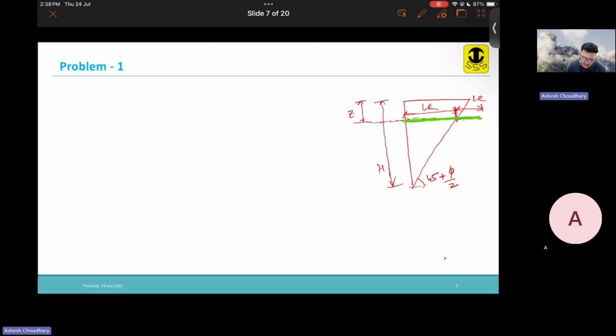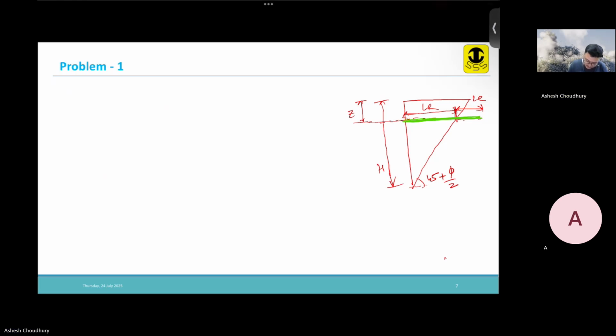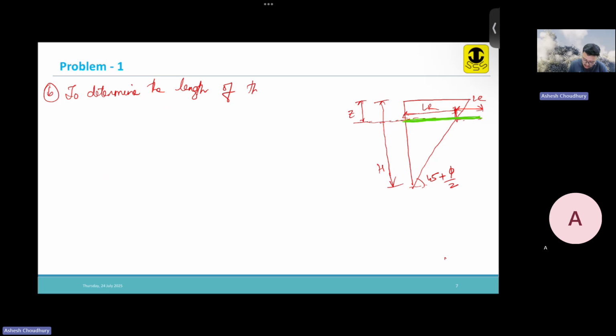Now, how to get the LE? So LE will be equal to, write it properly. First part was, second part is to determine the length of the reinforcement layers.